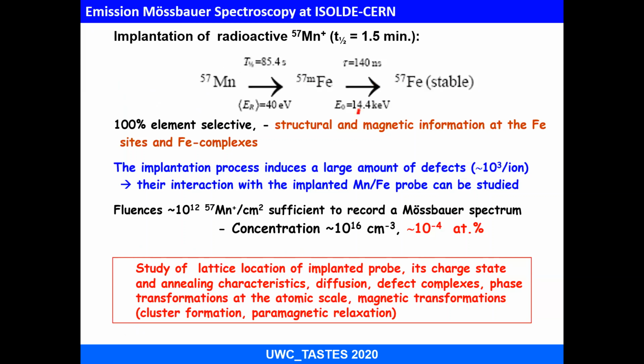So emission Moessbauer spectroscopy: manganese-57 decays to iron-57, which then, with a mean lifetime of 140 nanoseconds, decays to stable iron-57, also emitting a 14.4 keV gamma ray.